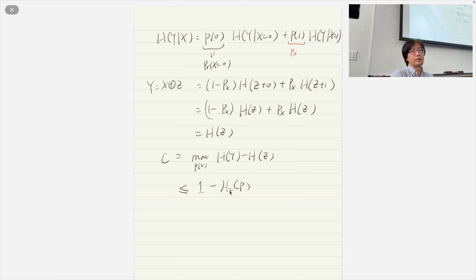We didn't compute H(y) yet, we just bounded it by 1. If equality can hold, then this will be the capacity. So now the question is, would that be equal under some distribution of x? That means y has to follow a uniform distribution for some distribution of x. Would that be possible?